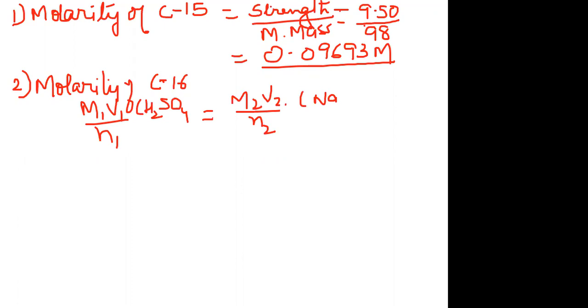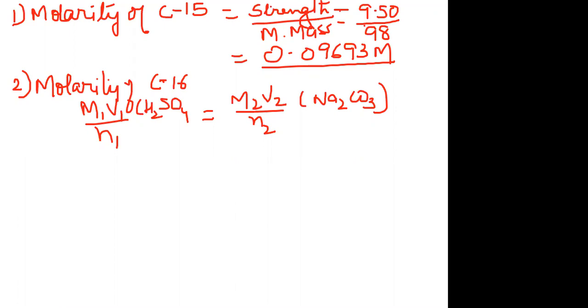We cannot find the molarity directly because it is an impure sample. In the previous experiment, we couldn't find directly because there was an X. In this case, there is no X. But the amount of salt that we are taking is an impure sample. Hence, exactly how much is present, that we have to calculate first.